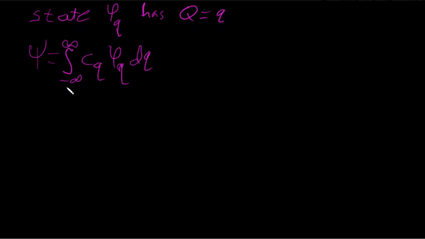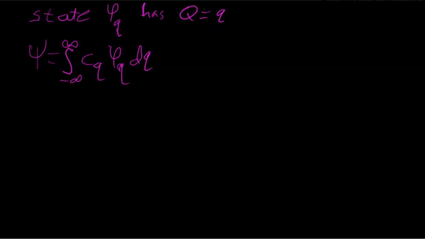And the reason we've got this negative infinity to infinity right here is this is adding up over all possible values of q. If you just ask yourself, what are the possible values of q? It could be momentum, it could be position, it could be anything. Well, it's got to be somewhere between negative infinity and infinity.